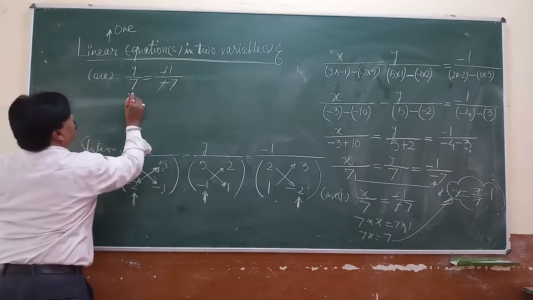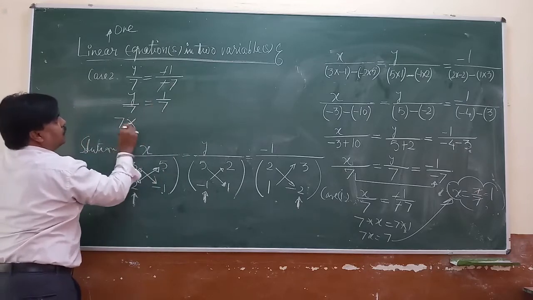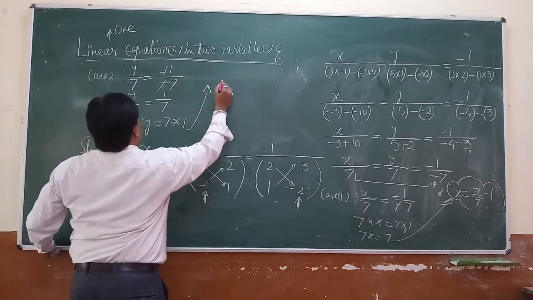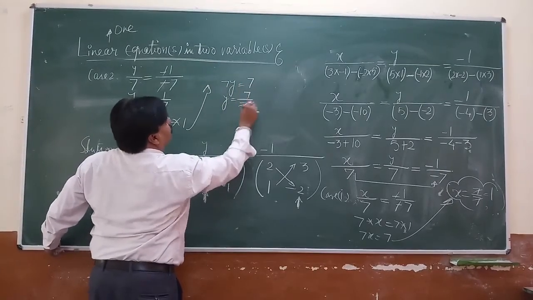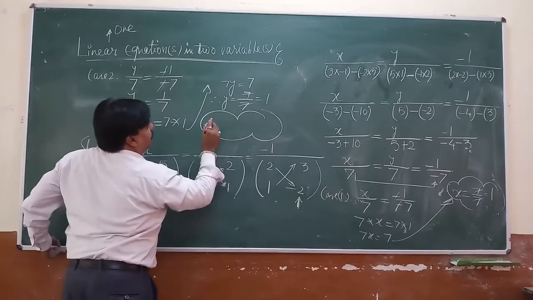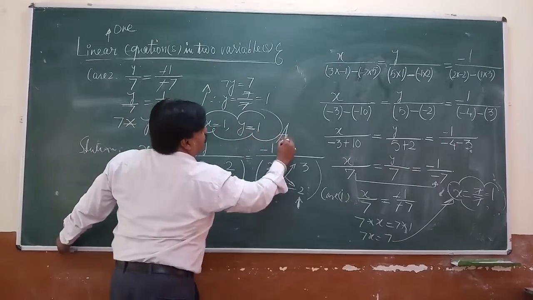Minus minus you can cancel, so this is y over 7 is equal to 1 over 7. You can do the cross multiplication. 7 into y is equal to 7 into 1. So this is equal to 7y is equal to 7. y is equal to 7 over 7 is equal to 1. So finally, you are getting x is equal to 1 and y is equal to 1. And this is your answer.